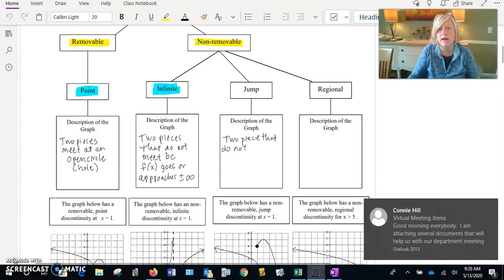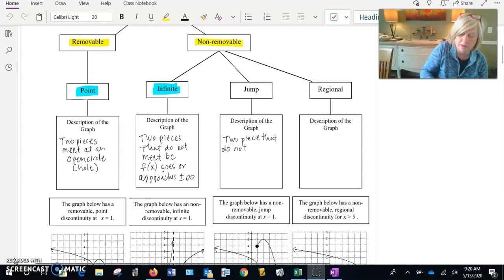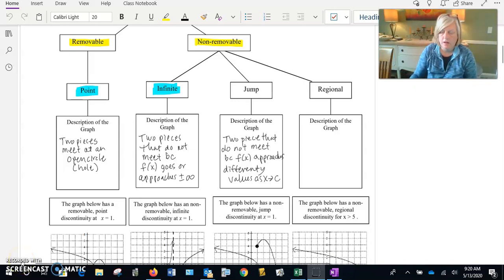The reason they do not meet is because f of x approaches different y values as x approaches a single number, and I'm going to call that single number c. So two pieces that do not meet because f of x approaches a different y value.